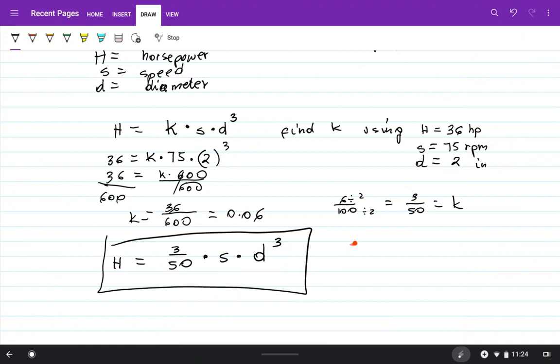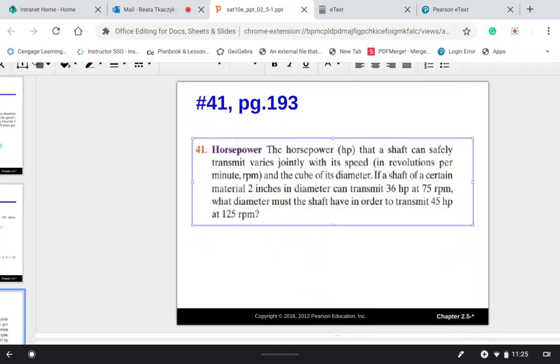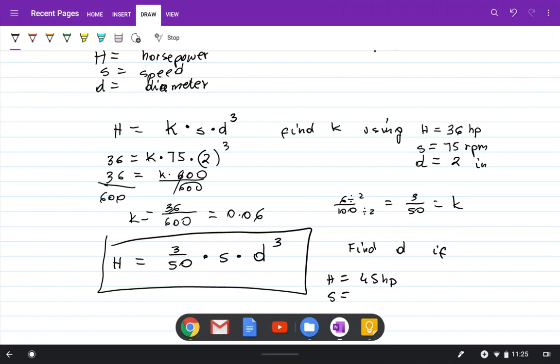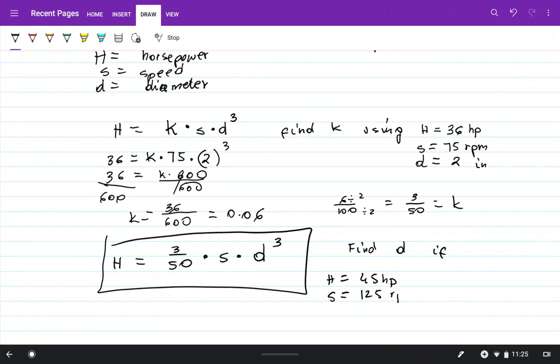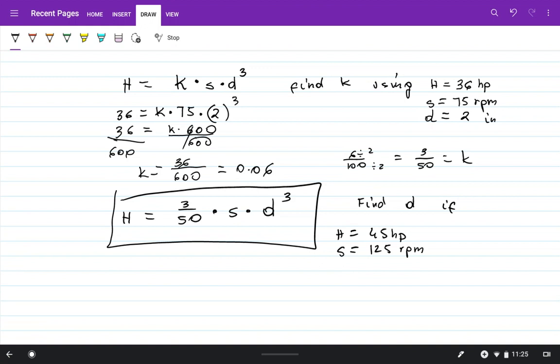Okay, so find the diameter, which is D, if horsepower is equal 45 and speed is equal 125 revolutions per minute. And that's it. Okay, so let's substitute.